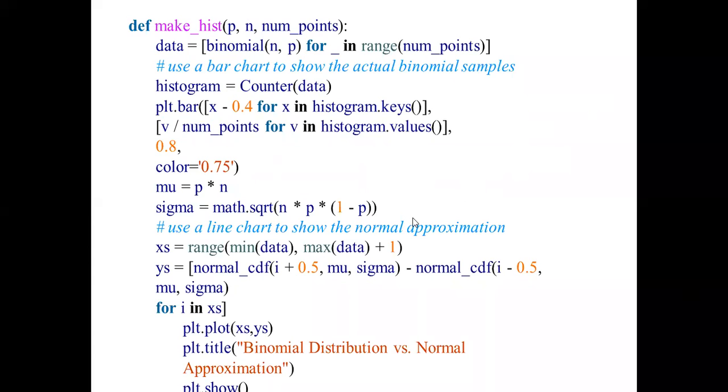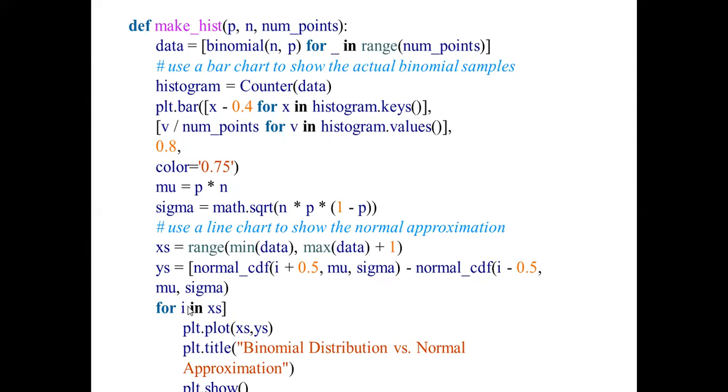So we implemented this, and then we wanted to use a line chart to show the normal approximation. So xs is a range from the minimum data to the maximum data plus 1, and for ys we call the normal continuous density function with i plus 0.5, mu, sigma, and then apply plotting with mu and sigma.